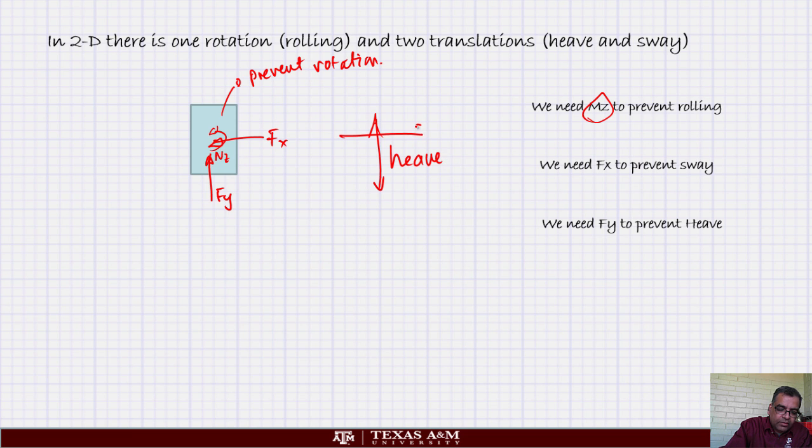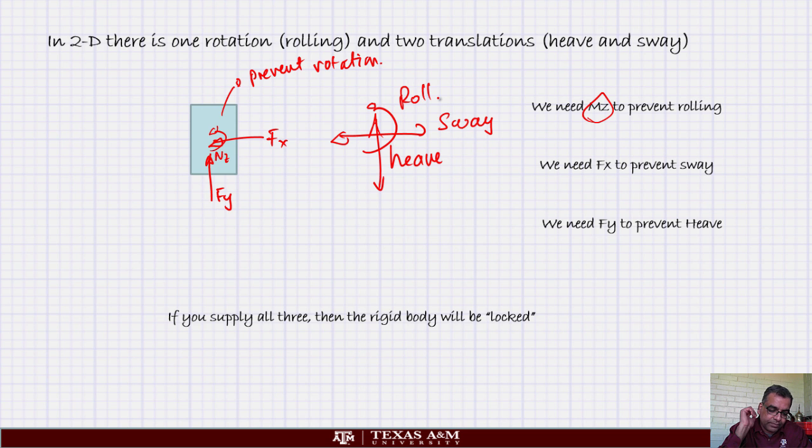Going sideways is called sway. And rolling around like this is called roll. Okay, so I will need something to prevent it from swaying, something to prevent it from heaving, and something to prevent it from rolling.